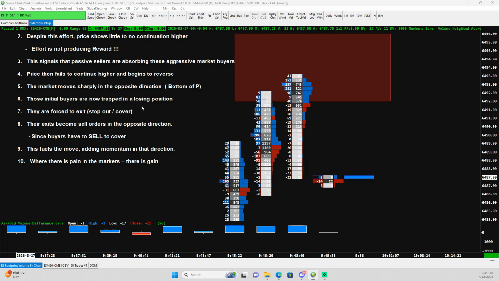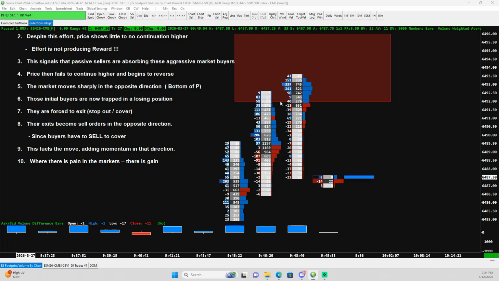There was an imbalance within the market where selling overwhelmed buying, therefore creating the imbalance. And when price comes back into that zone, we are then looking to see if that selling in the market is strong and showing intention through the order flow to defend that zone.